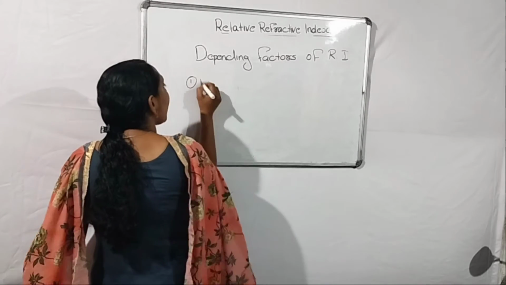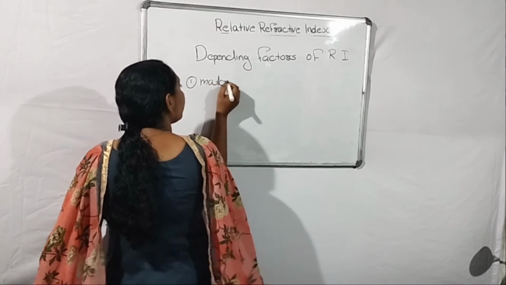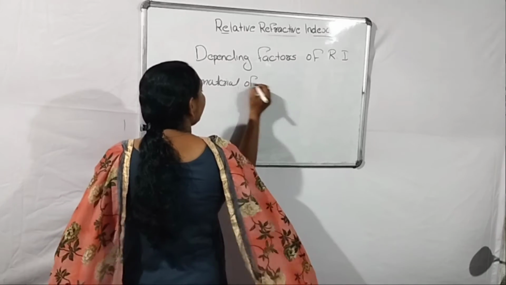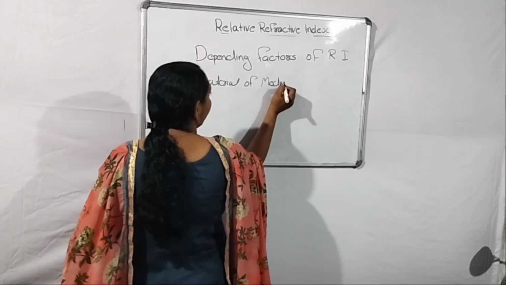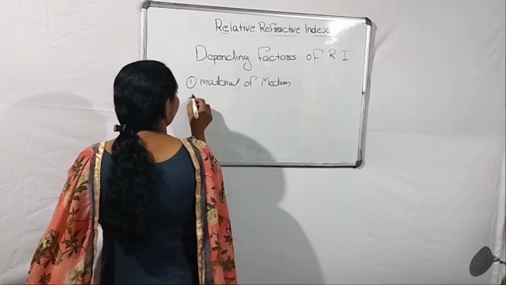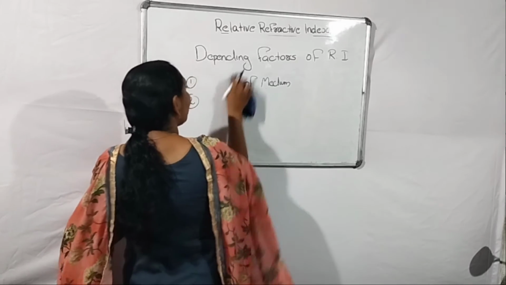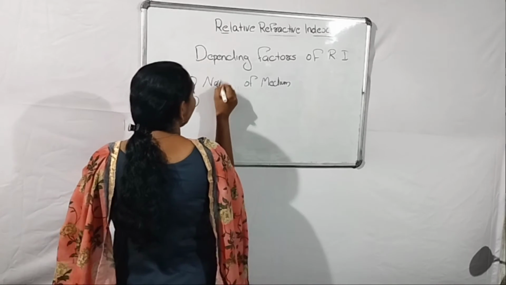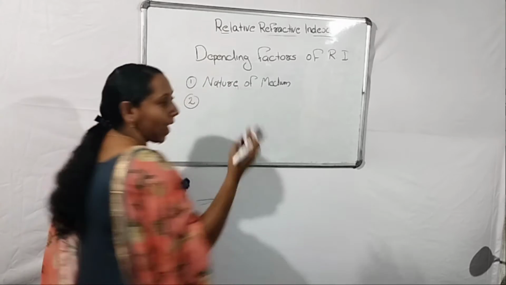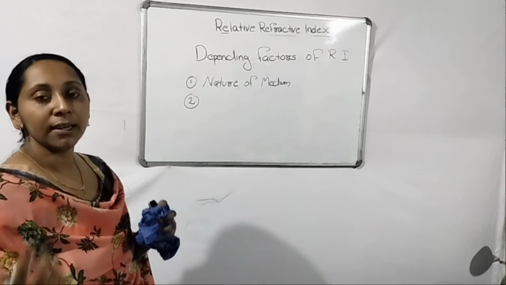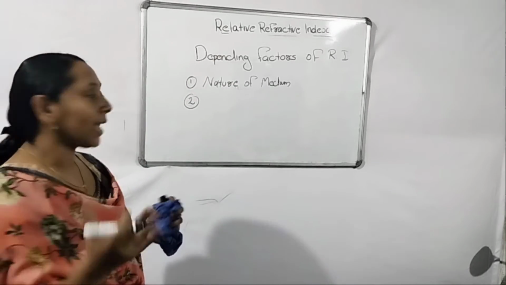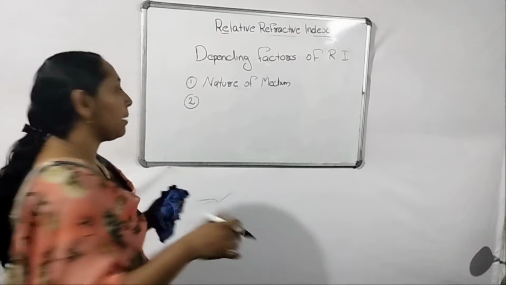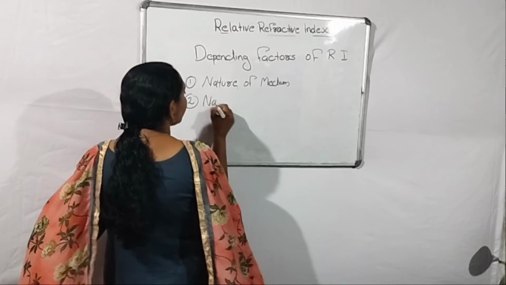First depending factor, the nature of the medium. Which medium do we have to consider? Air, glass, diamond, vacuum, like that. Nature of the medium. Another thing is the nature of the material.